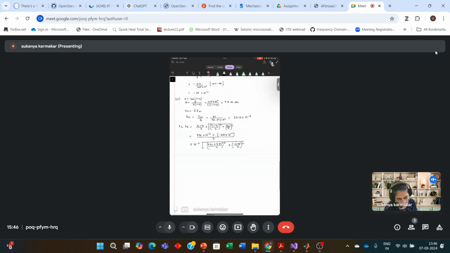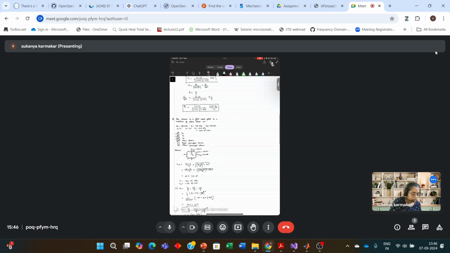So when you solve this, you will get epsilon 1 to be 914.21 into 10 to the power minus 6, and epsilon 2 to be equal to 709.21 into 10 to the power minus 6.